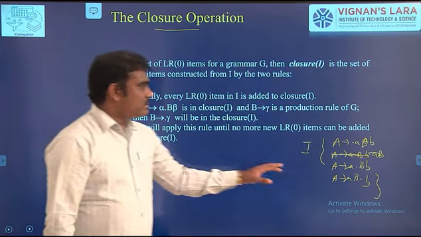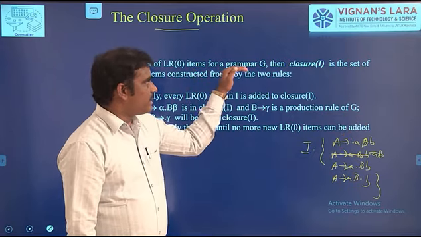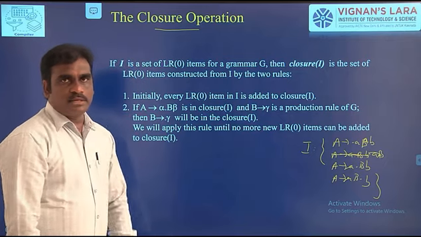So I means some set of productions, it is the LR(0) items for a grammar G. Then apply closure set of I.